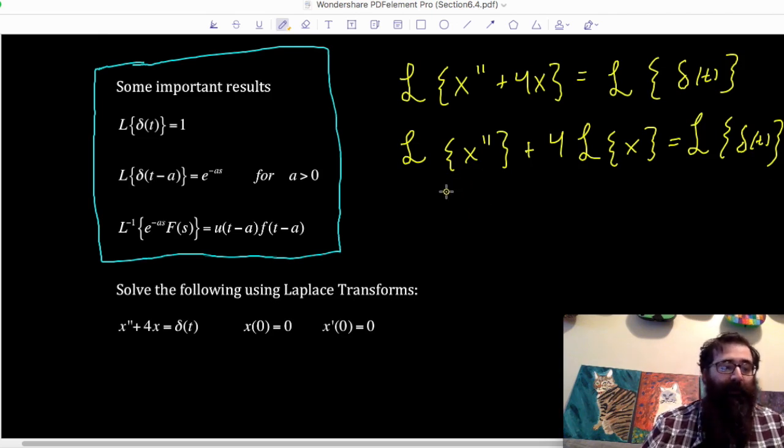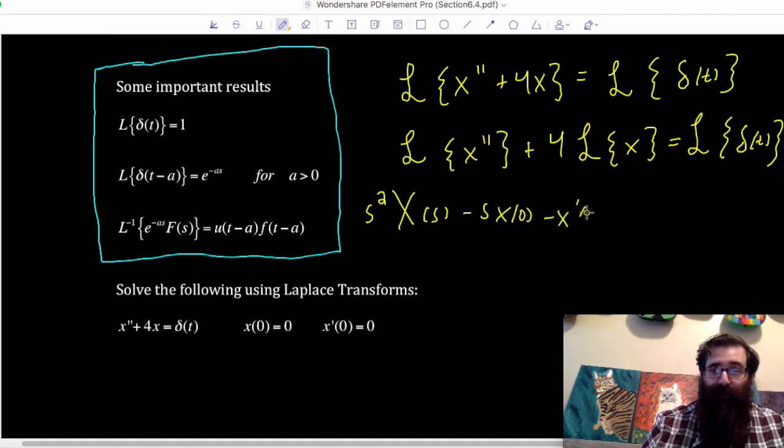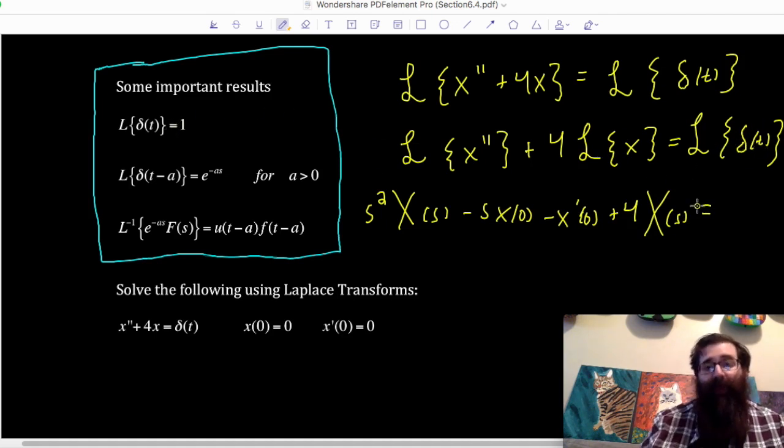So the Laplace transformation on x double prime is going to give me s squared times capital X of s minus s times x at 0 minus x prime at 0, plus 4 times the Laplace transformation on x, which just gives us capital X of s, or you can use f, whatever you prefer for your notation, equals the Laplace transformation of delta of t, which we have over here, that's just 1 by definition.